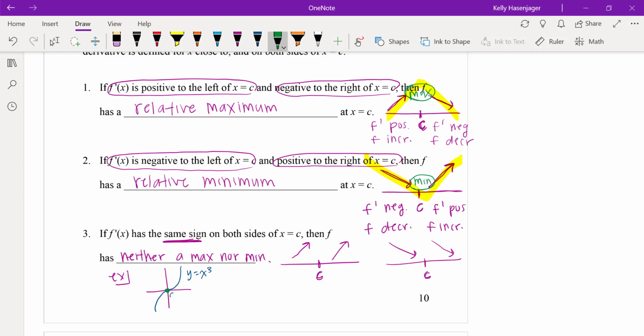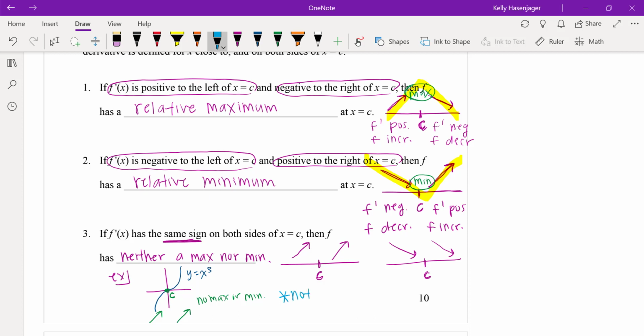So we have a critical point there. Now if we go from left to right, we are increasing, we hit our critical point, and we're increasing again. We don't have a max or a min at c, because that critical point is not higher than all the points around it, and it's also not lower than all the points around it. So that's what it would look like with a real curve.